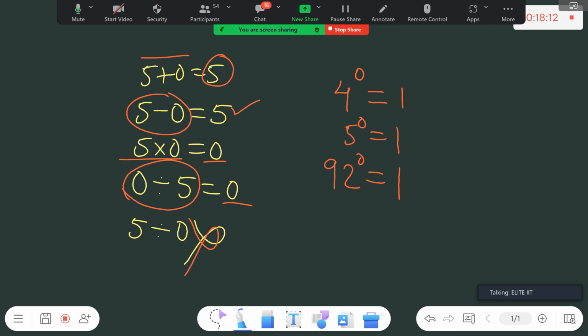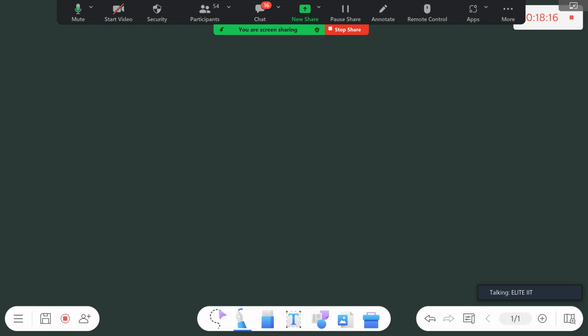What are the tests of divisibility? We'll see divisibility. First we'll see for 2. What is the test of divisibility of 2?